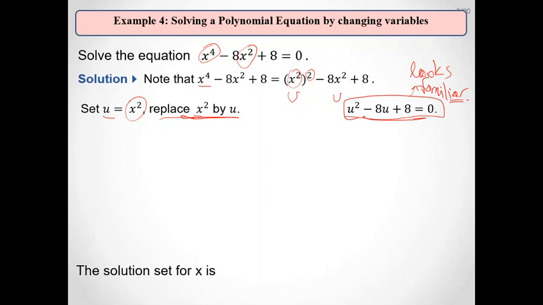We know how to solve it. We can do the factoring or use the quadratic formula. The quadratic formula guarantees the solutions.